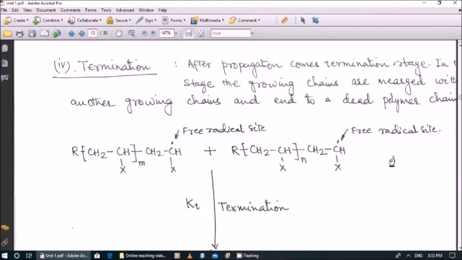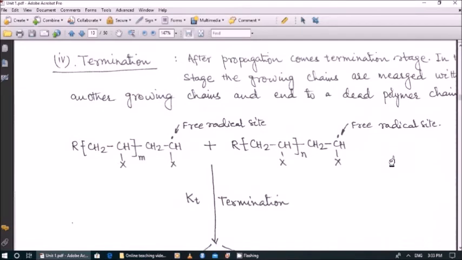So after the propagation stage, the third and last stage is the termination stage. In this stage, a growing chain is merged with another growing chain to end as a dead polymer chain.